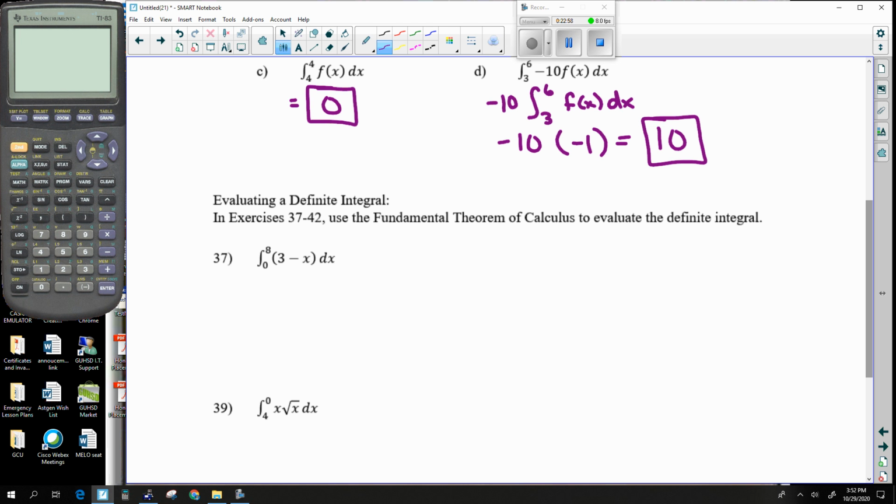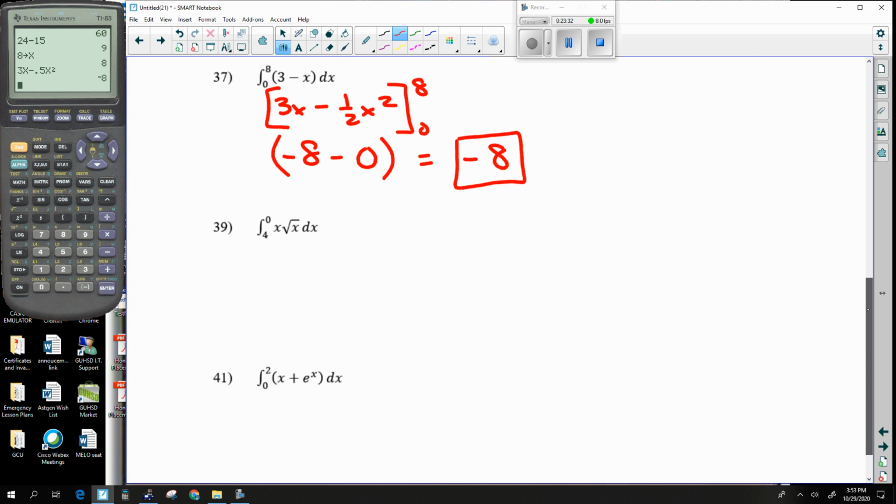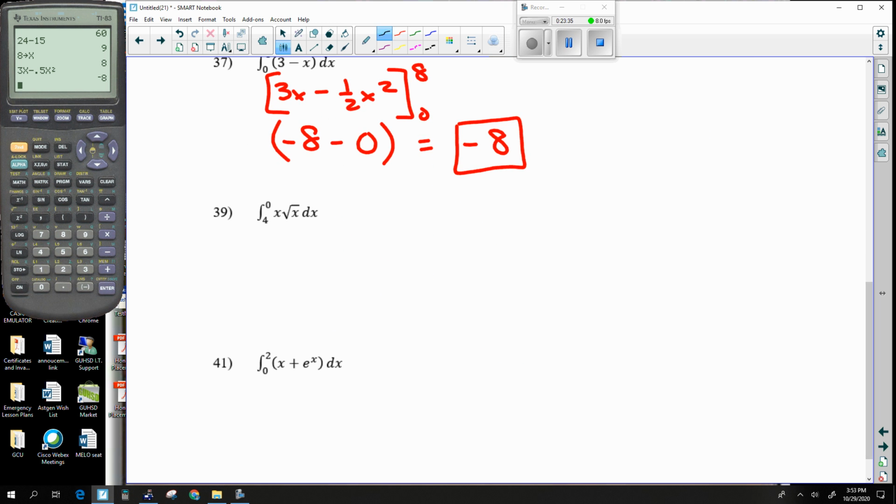Okay, here is where we start our definite integrals. Okay.